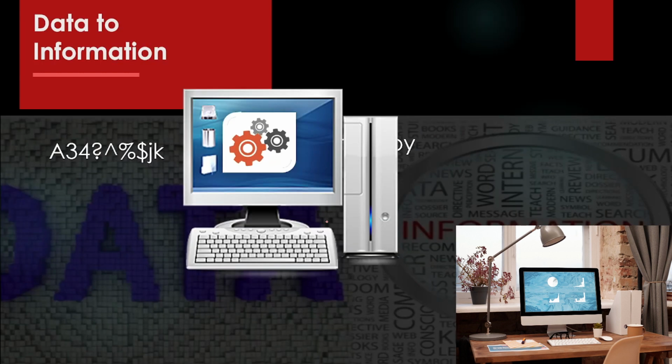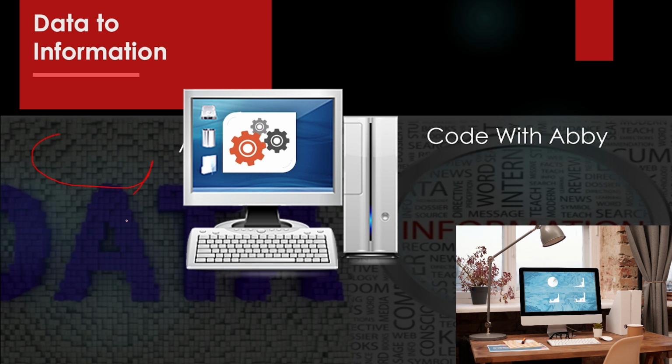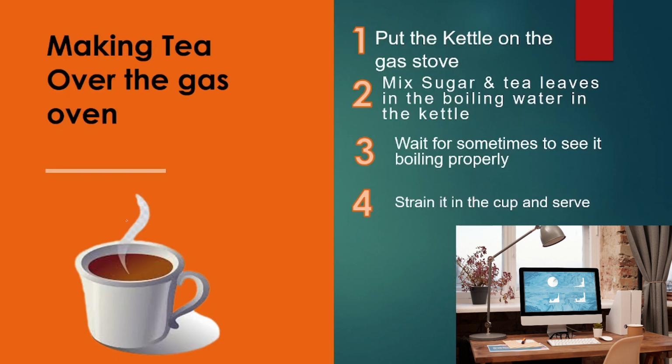In this picture, on the left we have data, some alphabets, some numbers, some special characters, and after processing we get meaningful information, that is CodeWithAbby, which is meaningful information for you. So this is how it processes.